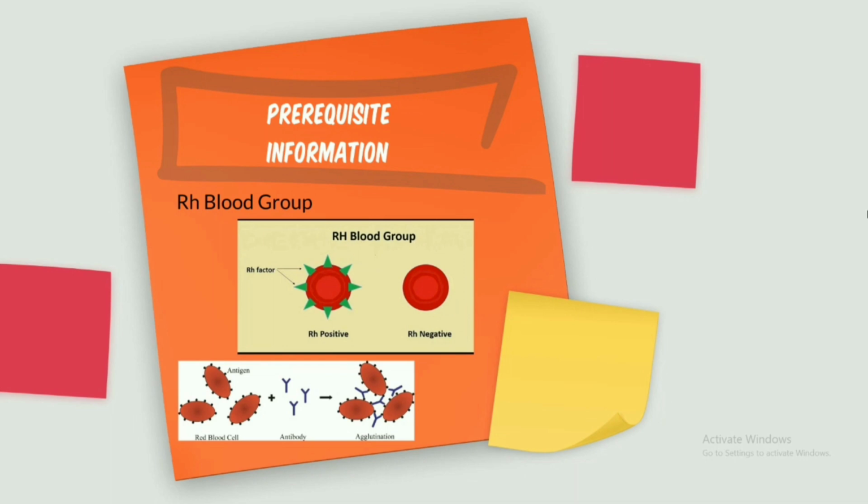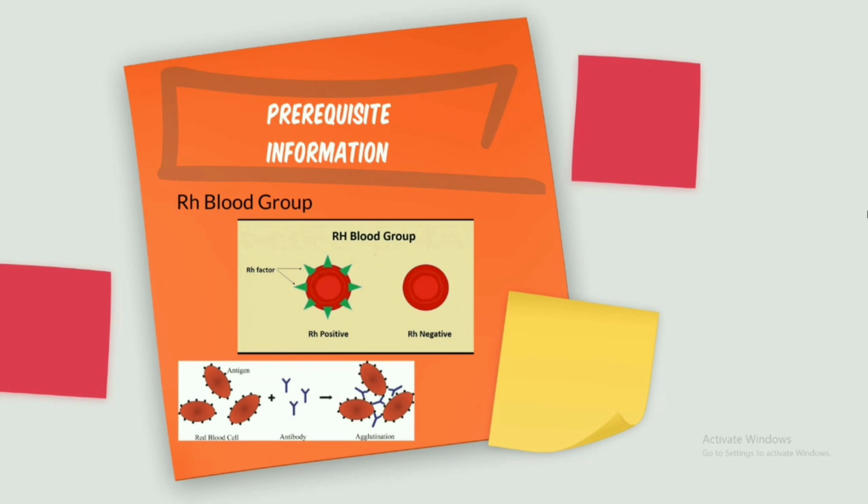So some B cells change into specific plasma cells that can produce anti-Rh antibodies. These antibodies bind to Rh factors on the surface of donors' RBCs, so agglutination will happen.